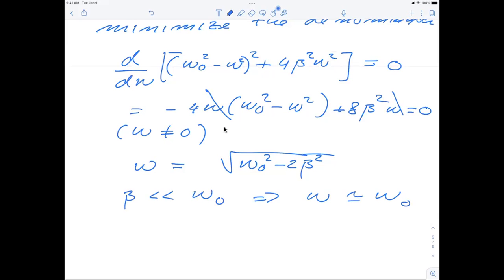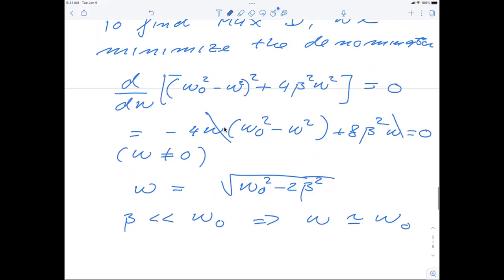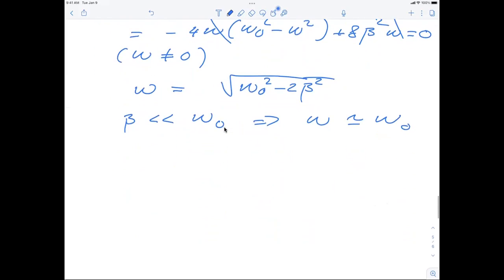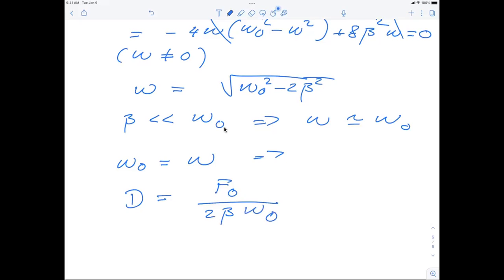And you see now that if we put omega 0 equal to omega, this amplitude D is simply equal to F0 divided by 2 times beta multiplied with omega 0. So this is the typical place where we have a maximum amplitude.